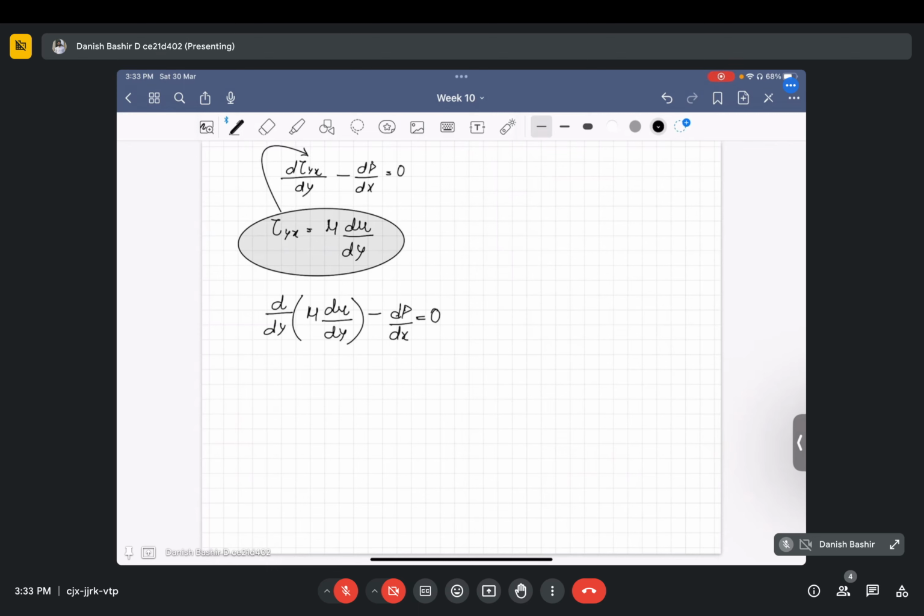So we have got the governing differential equation for our boundary value problem.